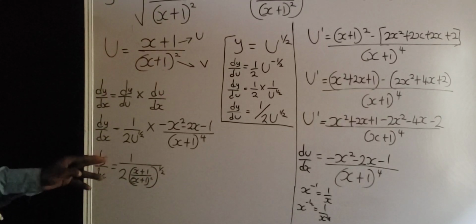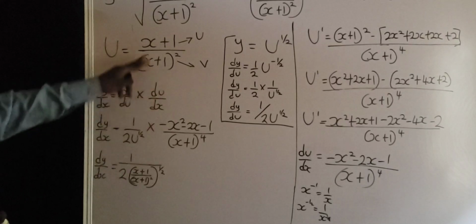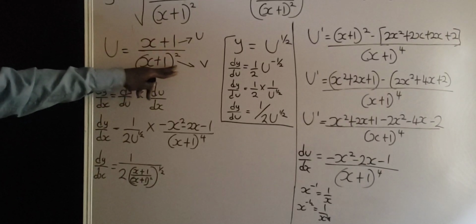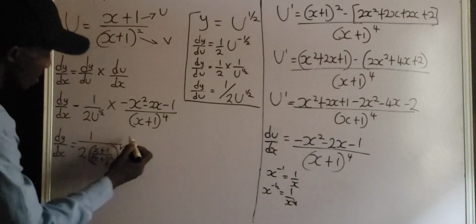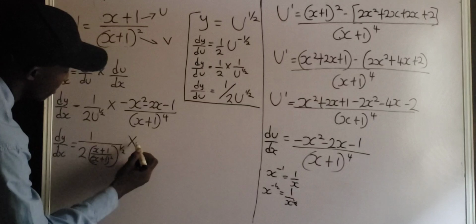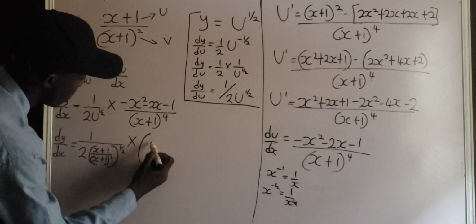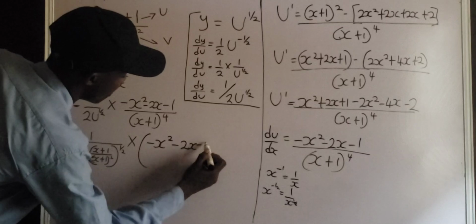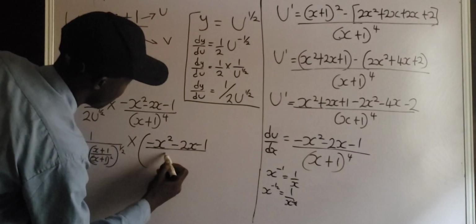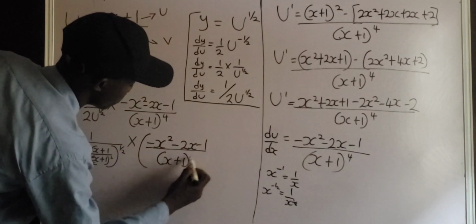I only substituted the value of u as x plus 1 all over x plus 1 raised to the power of 2. So don't get confused at all. So let us proceed. Multiply by minus x squared minus 2x minus 1 all over x plus 1 raised to the power of 4.